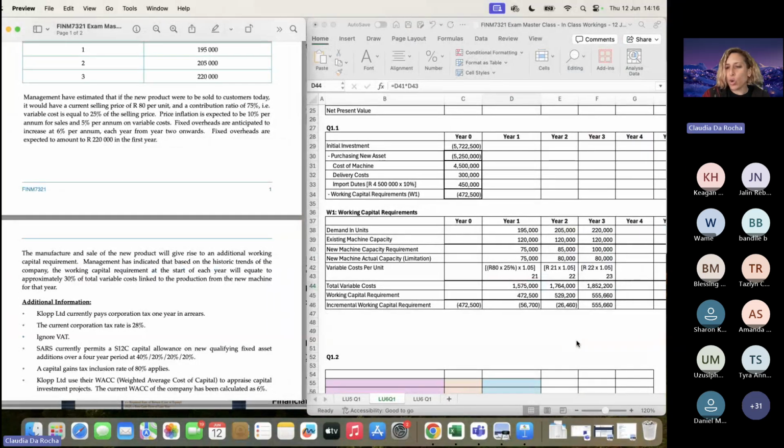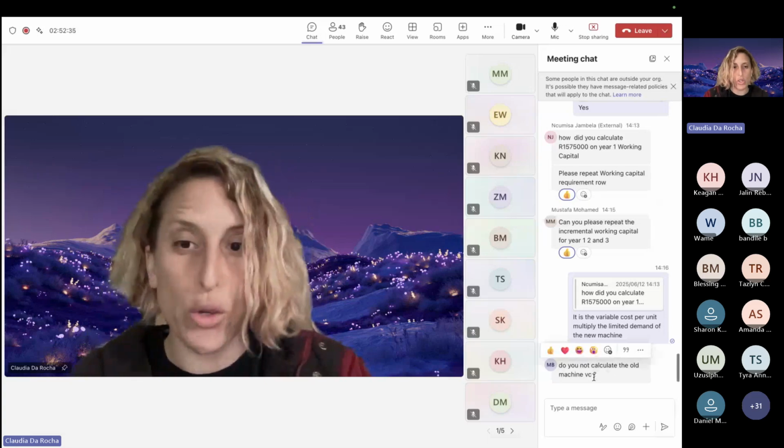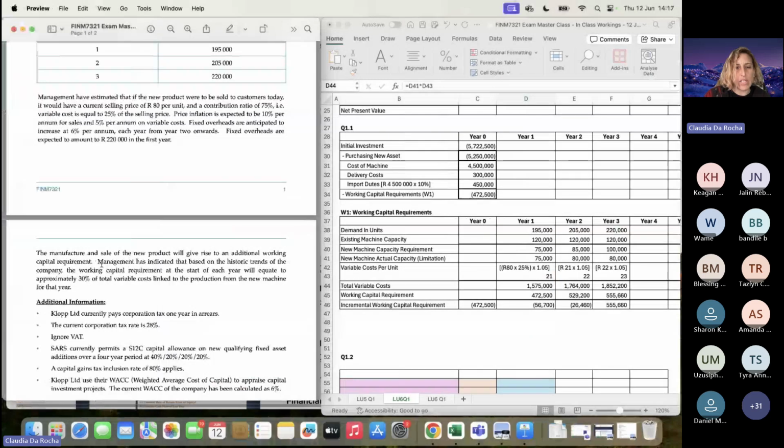So, Mark, your question says, do you not calculate the old machine variable cost? No, because look at what it says here in this paragraph. It says management has indicated that based on the historic trends of the company, the working capital requirement at the start of each year will equate to approximately 30% of total variable costs linked to the production of the new machine.